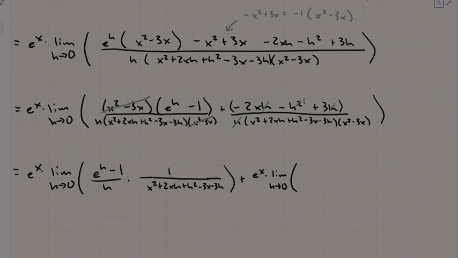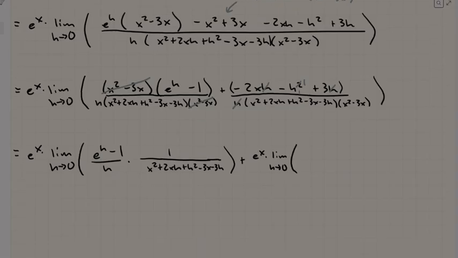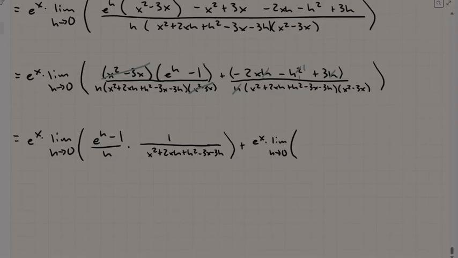And now it looks like we should be able to even evaluate it. Since we removed the h from the denominator, we no longer have the issue of dividing by 0. And so then for this one, we get negative 2x minus h plus 3 over x squared plus 2xh plus h squared minus 3x minus 3h times x squared minus 3x.